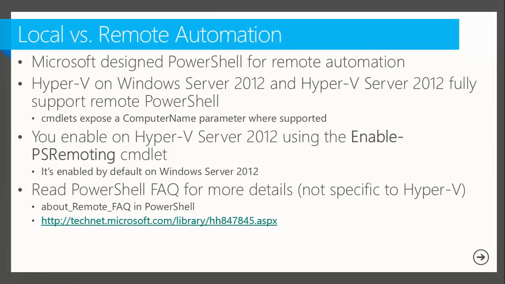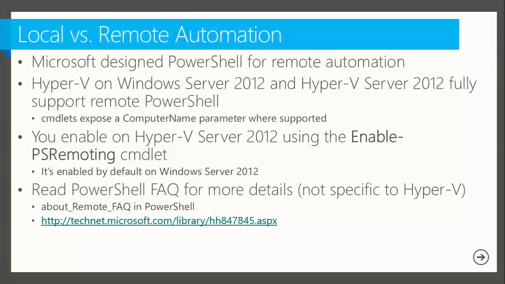And when you use Hyper-V Server, you go through some setup, and one of the things you do need to do that's different is, by default, when you use the full version of Windows Server 2012 and you enable Hyper-V, remote access for PowerShell is enabled. You have to enable it with the Enable-PSRemoting commandlet on Hyper-V Server. So it's like one extra step you have to do, and then you can do everything that we're doing here from the remote tools.